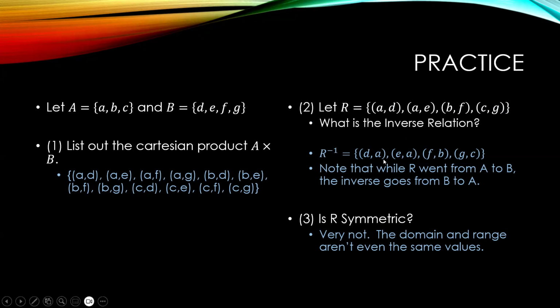It's going to go DA, EA, FB, and GC. Note that while R went from A to B, the inverse is going from B to A. Is R symmetric? Very not. The domain and the range aren't even the same values. And so in this case, it is not symmetric.